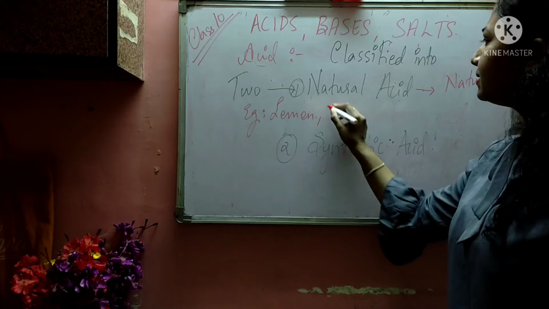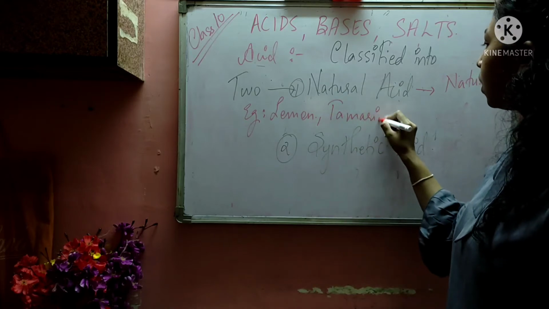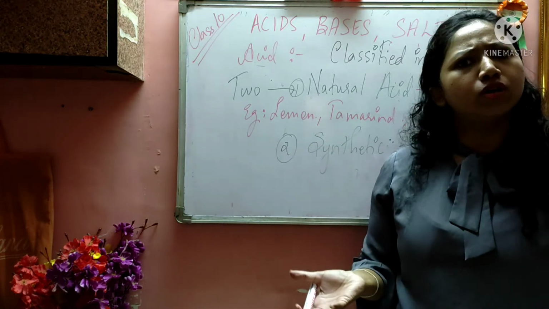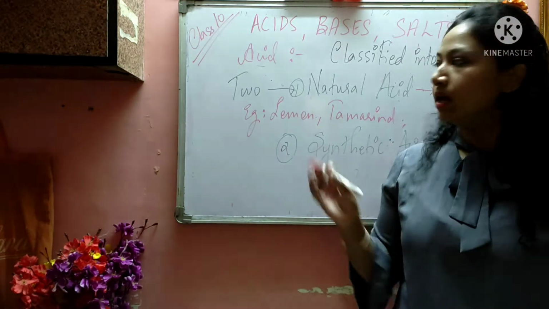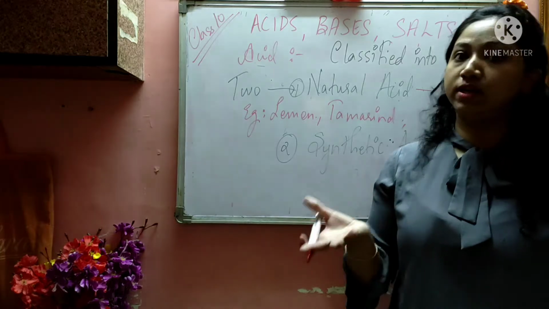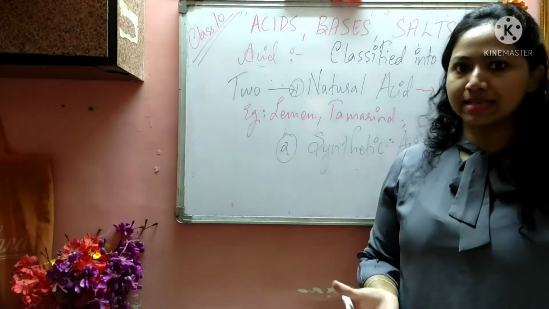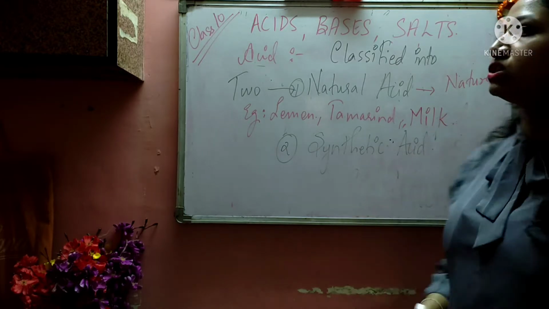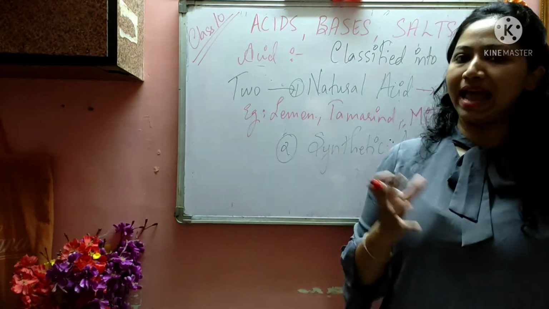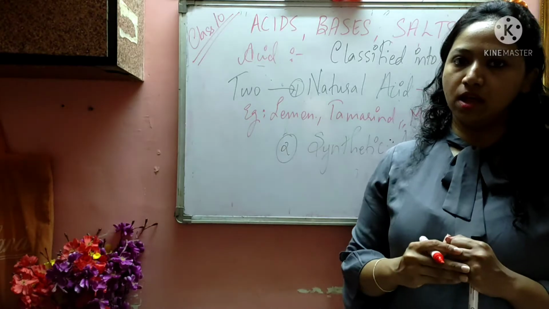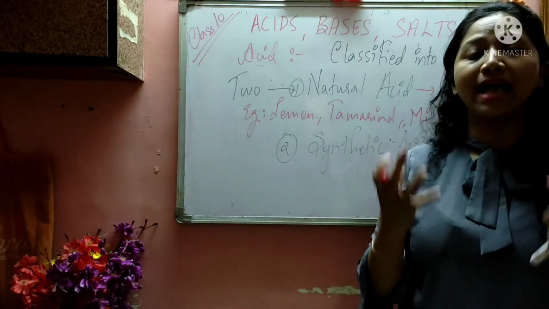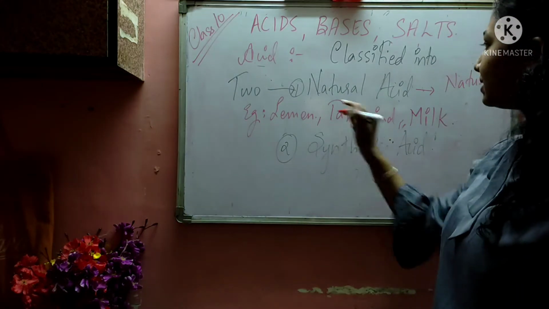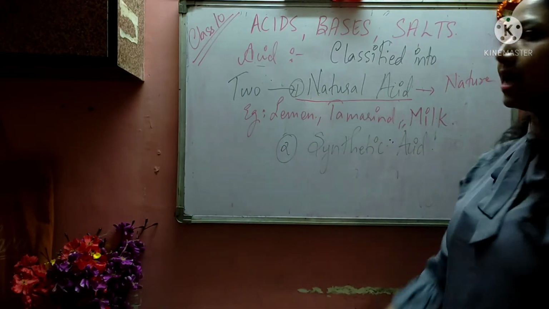Tamarind contains tartaric acid. Milk and curd, which we have daily, contain lactic acid. So the acid which you get from nature, from plants and animals, is said to be natural acid.